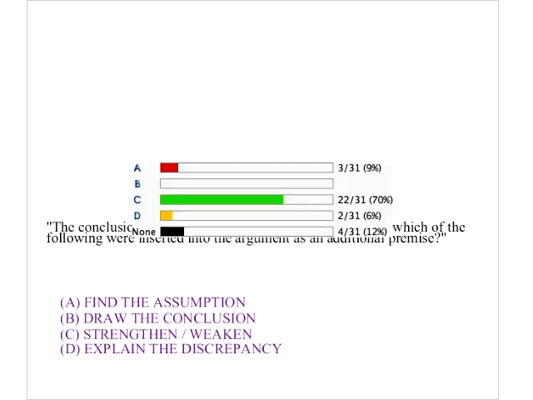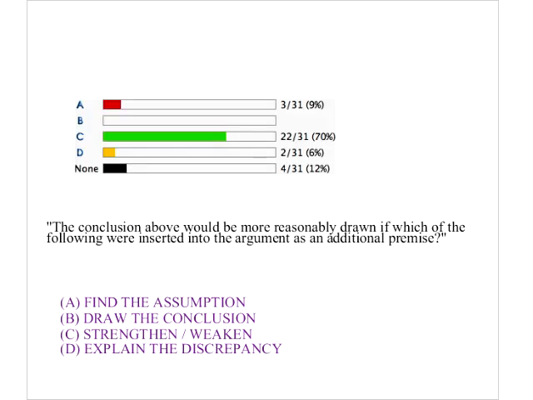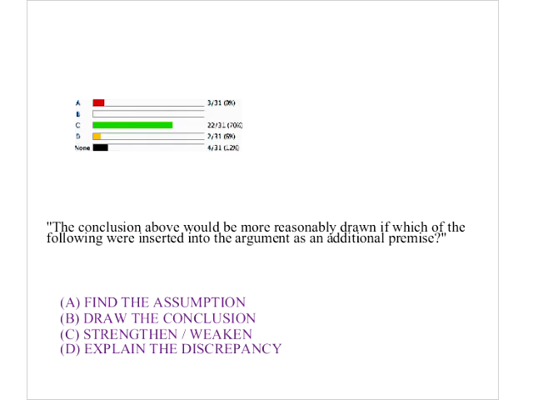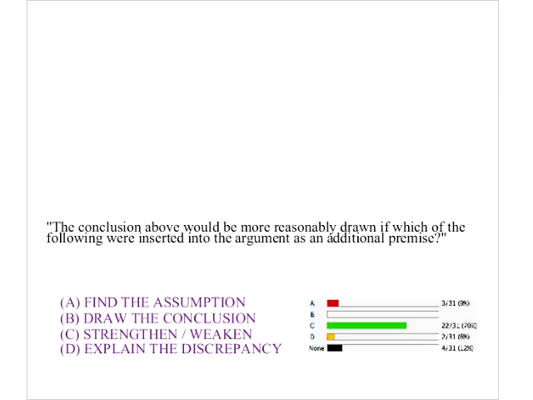So you guys are right on with this one. Nicely done. Notice that it doesn't say it's necessary. So it's just were inserted as an additional premise. So it doesn't have to be true, i.e. it's external and doesn't have to be true. So this is a strengthen question.